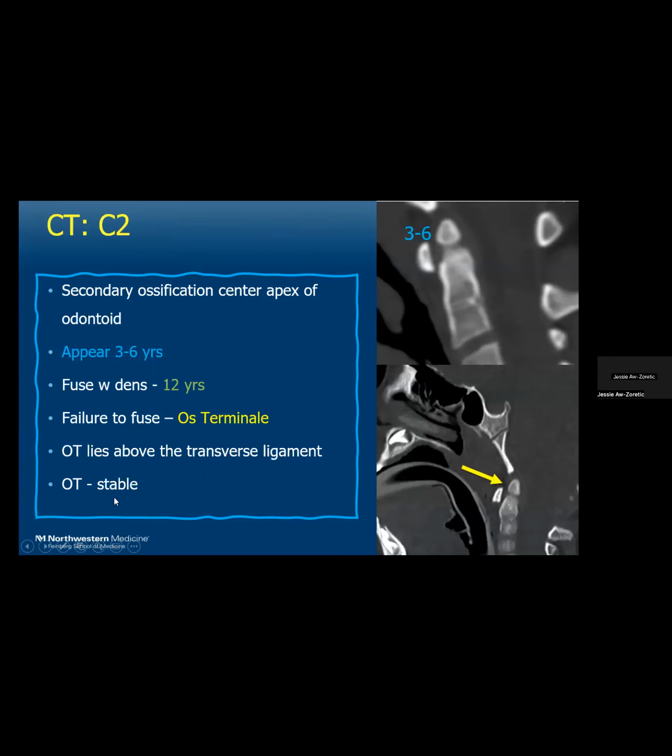So this os terminale, which you can quite clearly see here, is thought to be a normal anatomical variant because it doesn't have any particular surgical implication. And we'll talk about it a bit more in terms of how we differentiate the os terminale from the os odontoideum, and so forth.